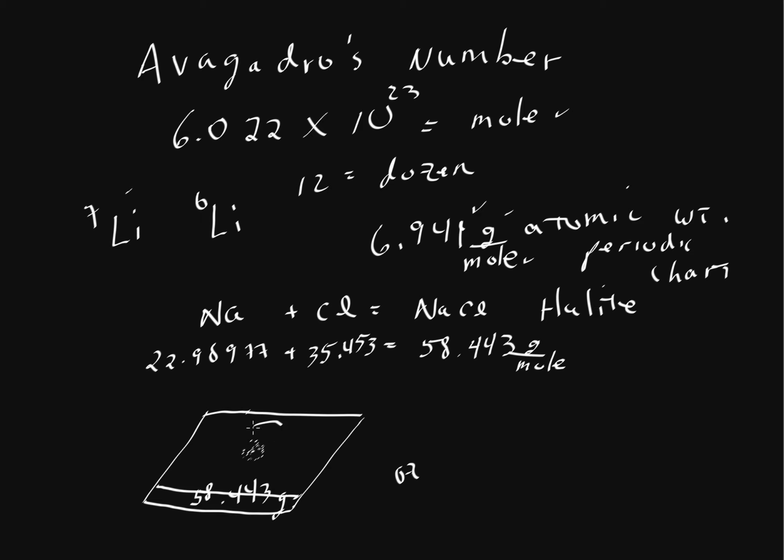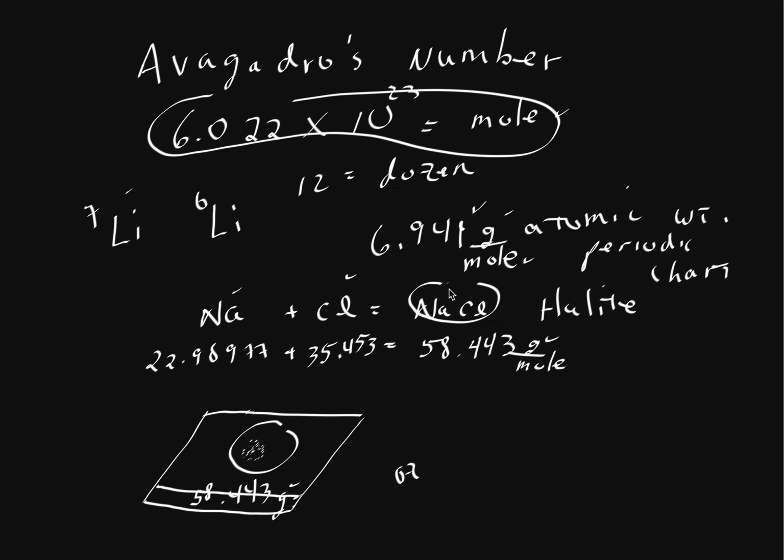You could take a look at that pile of salt that you've just poured out on the scale. And the beauty of Avogadro's number is it tells you, once you have the weight correctly measured out, that you know exactly how many molecules of sodium chloride or how many atoms of sodium and chlorine are in that pile. To give you 58.443 grams of salt or halite, that means you have to have 6.022 times 10 to the 23 sodium chloride molecules.